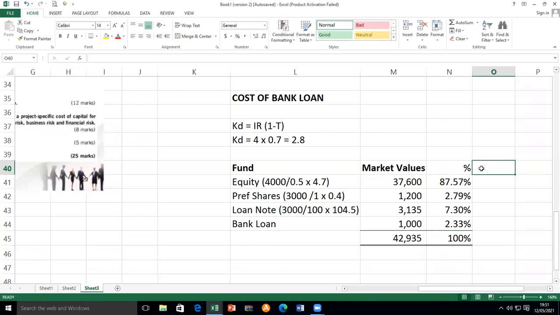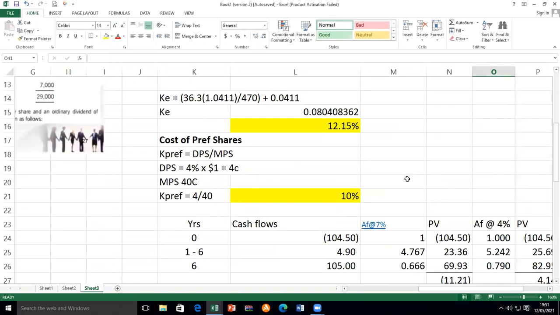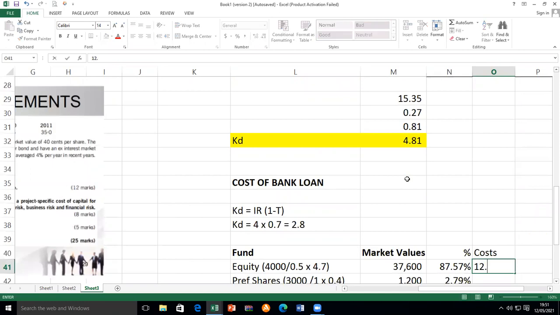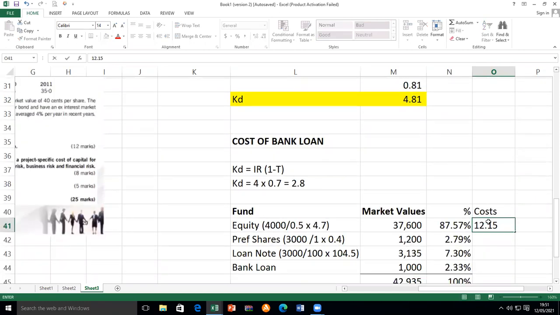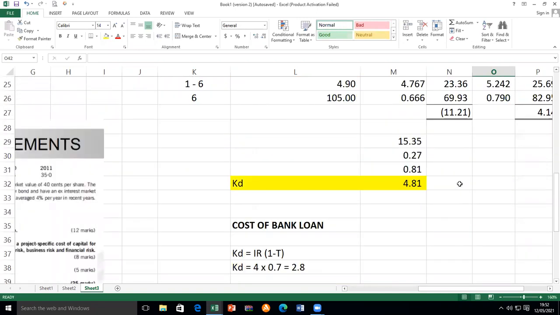Let's put in the costs. What are the costs? Cost of equity, 4.15. Cost of preference shares, 10.